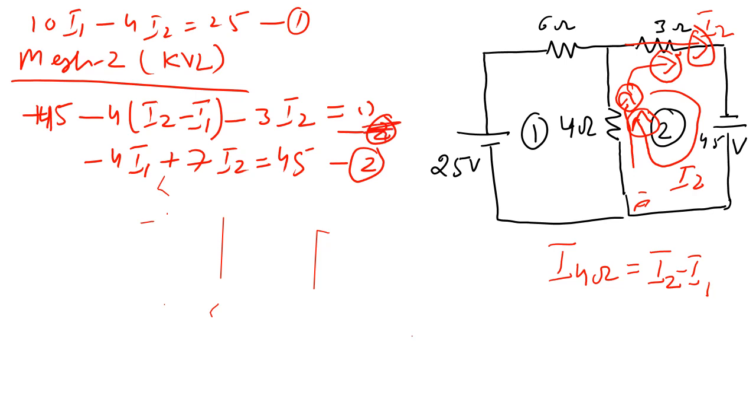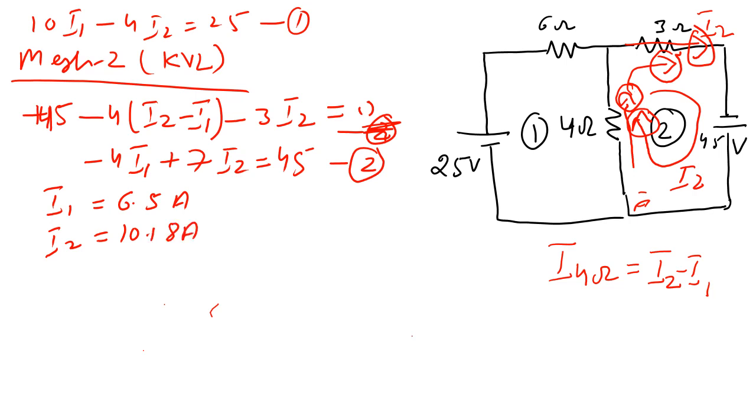Now if I solve equation number 1 and equation number 2, the answer for I1 is 6.5 ampere, and the answer for I2 is 10.18 ampere.